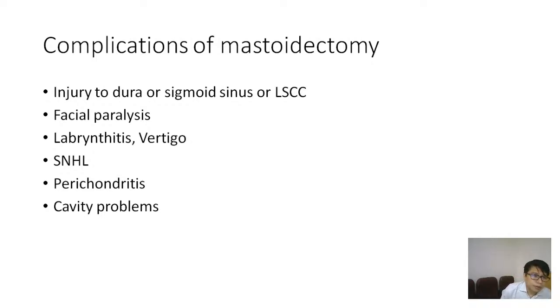Also, if you are doing an aural incision, or harvesting a tragal perichondrial graft, it can cause infection of the cartilages leading to perichondritis. Later on, if you are not exteriorizing properly, or if the meatoplasty is not good, then it can lead to cavity problems.